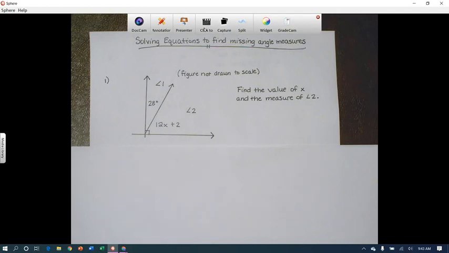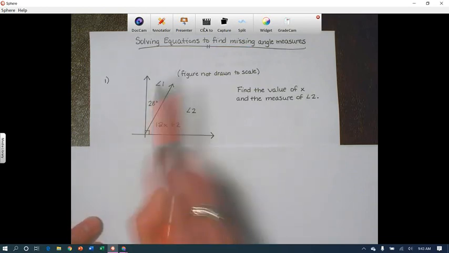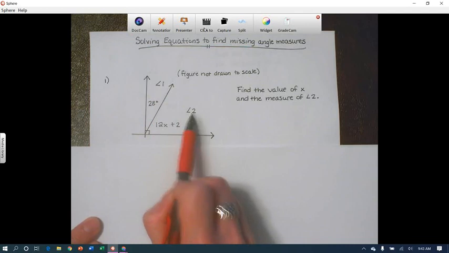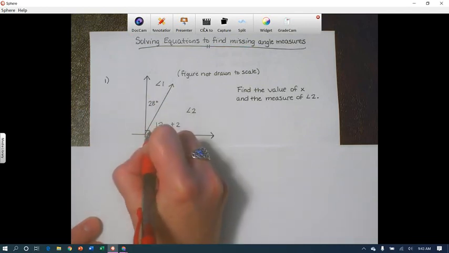What I notice with this first example is that these two angles, angle 1 and angle 2, form this 90-degree angle right here. We have this symbol.